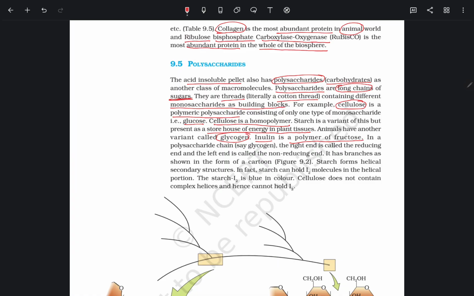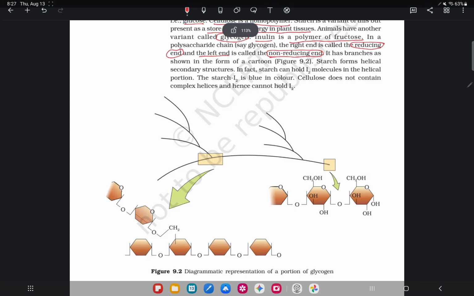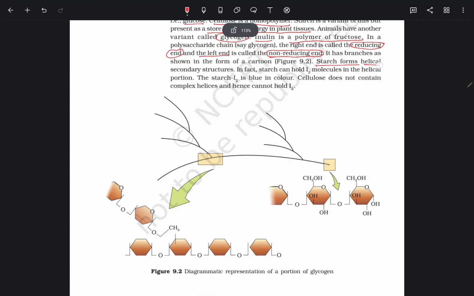In a polysaccharide chain, say glycogen, the right end is called the reducing end and the left end is called the non-reducing end. It has branches, as shown in the cartoon. Starch forms a helical secondary structure.